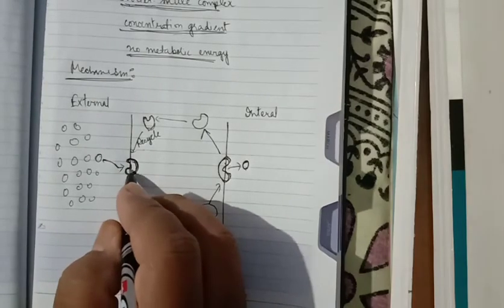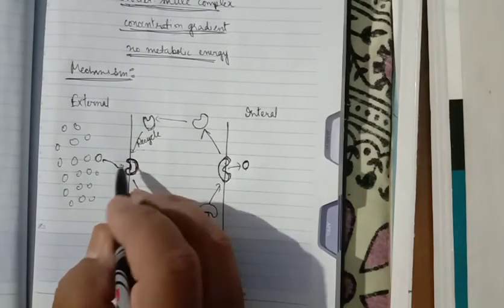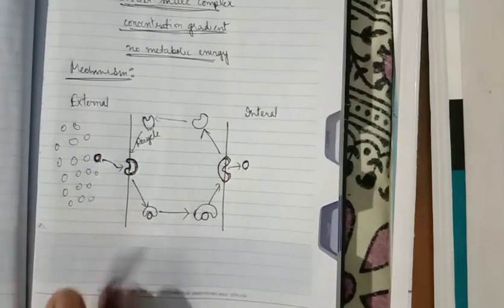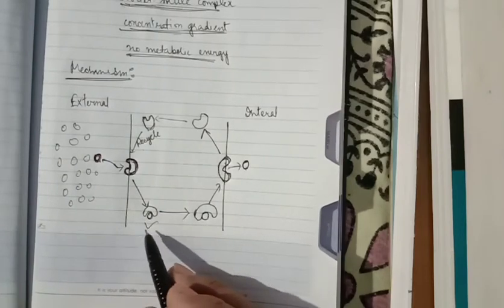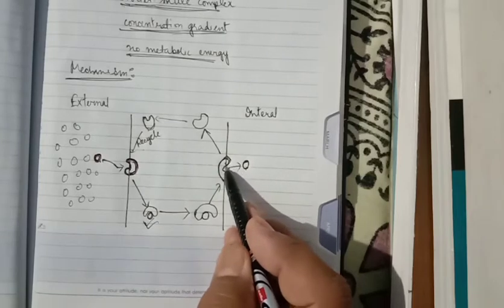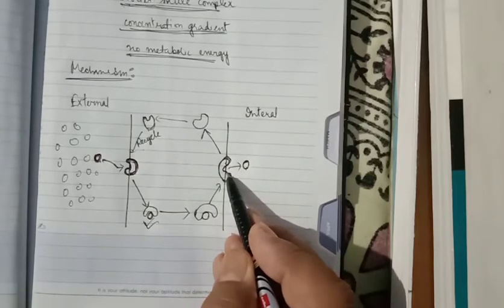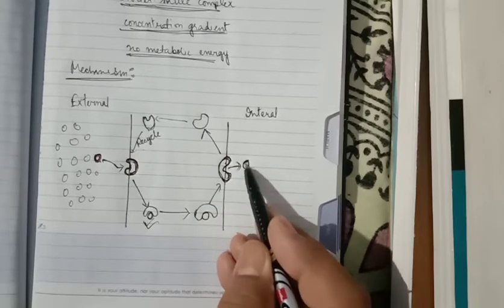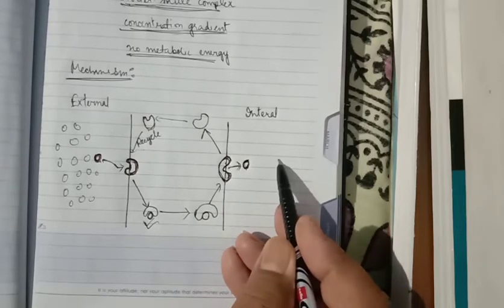First, these carrier protein molecules bind to the solute molecules which are present outside the cell. Then they form a carrier solute complex. Then the carrier molecule changes its conformation and releases the solute molecule inside of the cell.